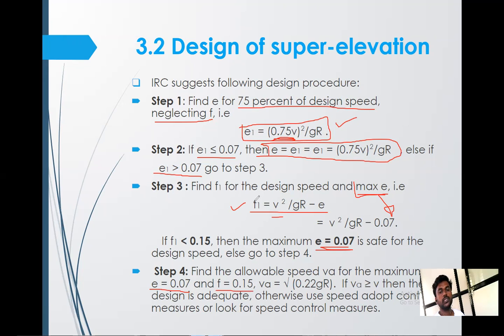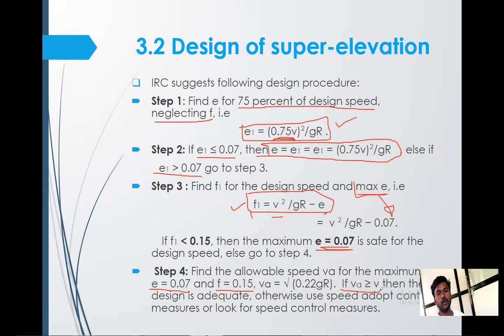Keep these values in this formula and calculate the value of V. That value is taken as the design speed or the allowable speed, and that allowable speed VA should be greater than V.